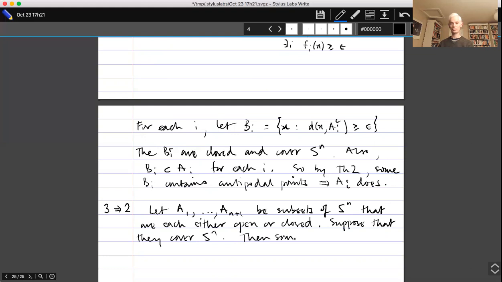Then, the usual conclusion: some A_i contains a pair of antipodal points.